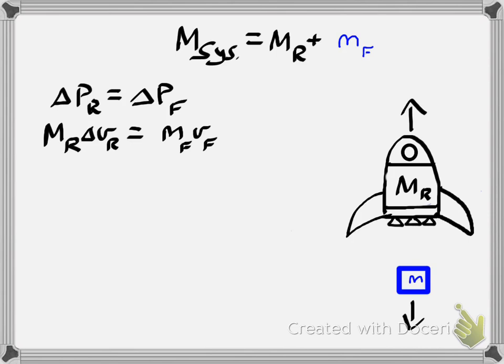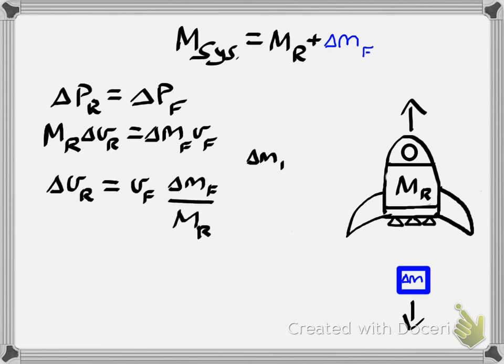Well, for simplicity, as we learned in the last lesson, and what's close to actually done, the velocity of the fuel, the exhaust velocity, is kept nearly constant. That means the change in momentum is not a change to the velocity, but a change to the mass of the fuel.